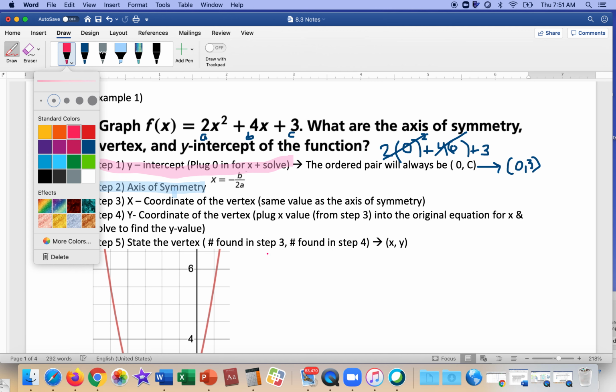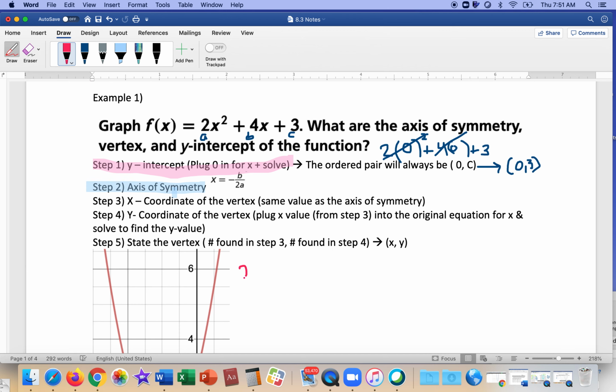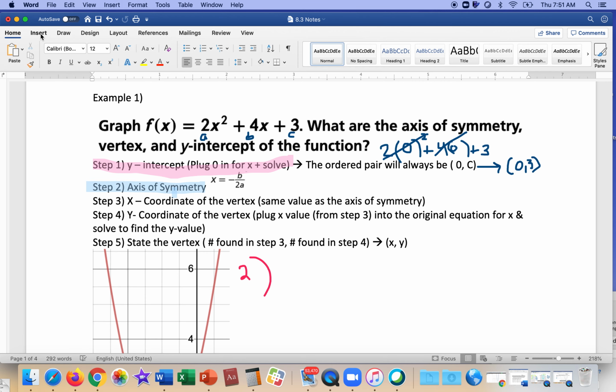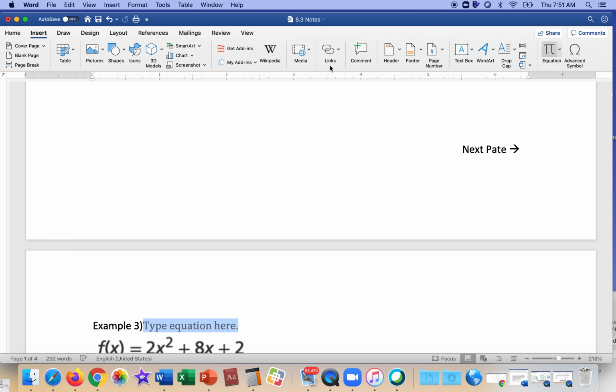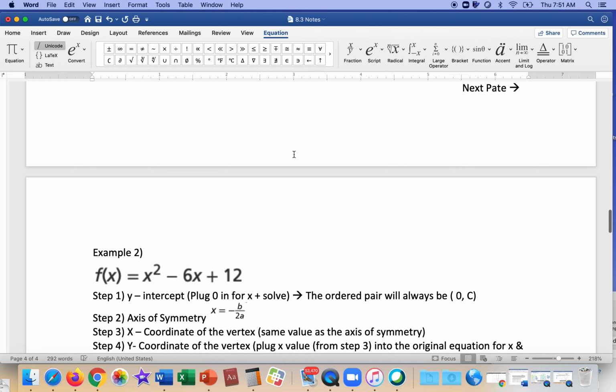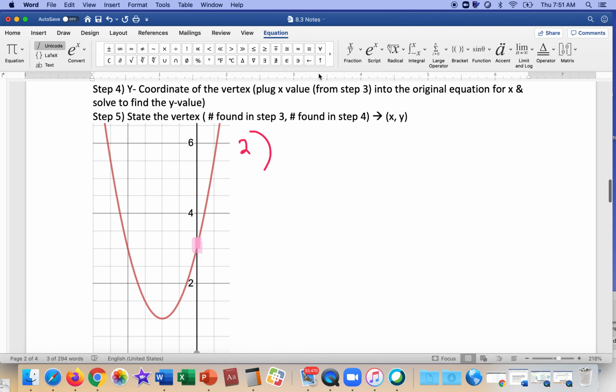Okay, so for this problem, I'm going to write step 2 down here. And I think it might be faster to do it this way. Maybe not.